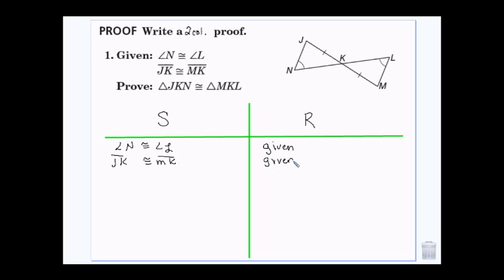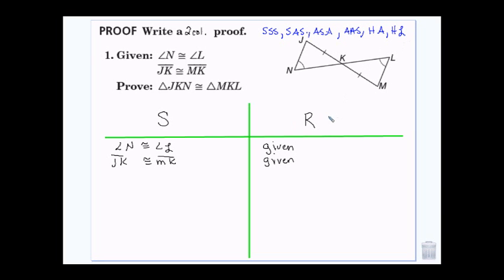Also given and marked. Now, our possible congruences. We have side, side, side; side, angle, side; angle, side, angle; angle, angle, side; hypotenuse, angle; and hypotenuse, leg.